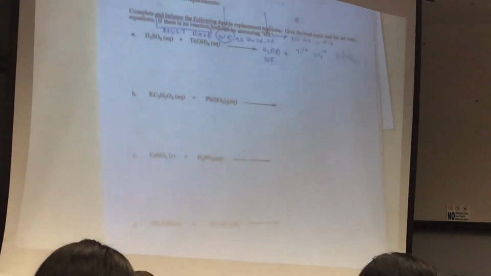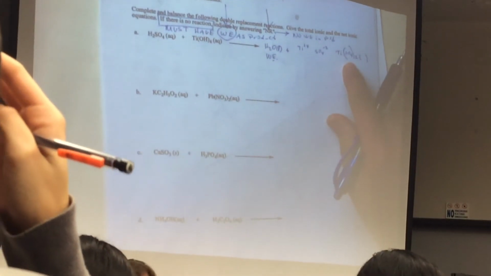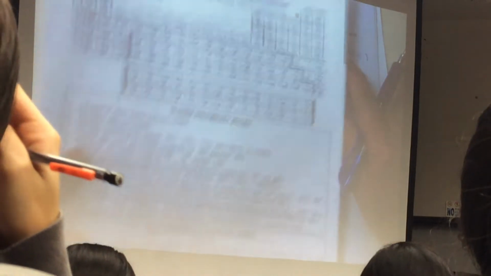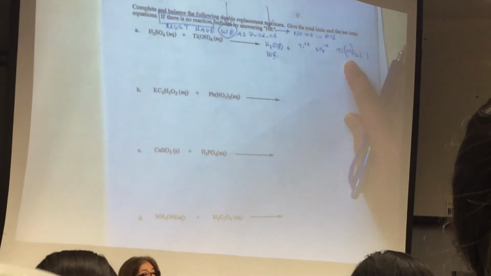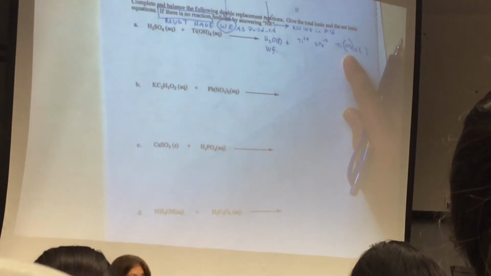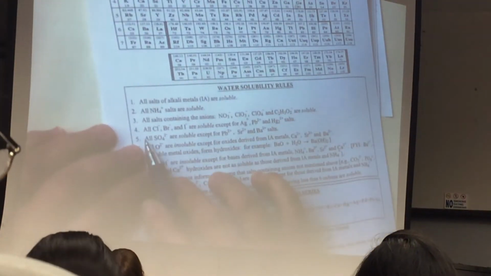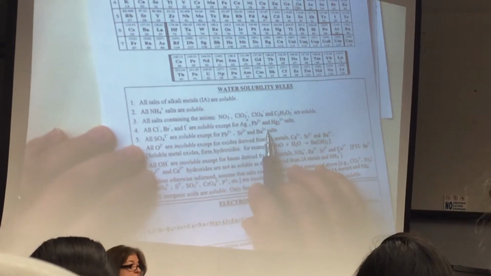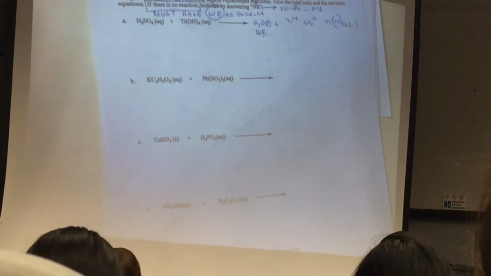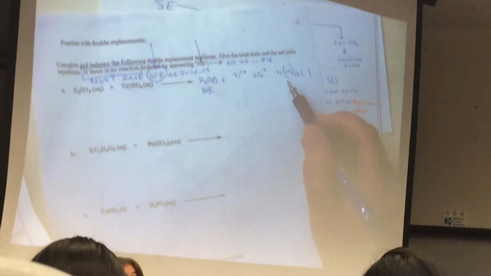How do you know? According to rule number what? Find it for me. Where are you going to look for the solubility of a salt? In the solubility rules. So, what do you got? All sulfates are soluble except for lead, strontium, and barium. Oh, but that's titanium.